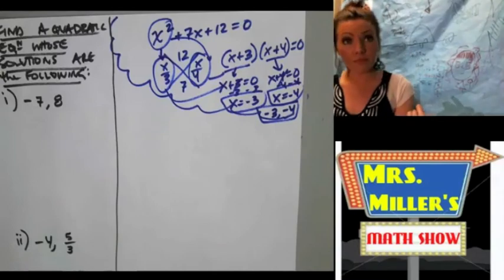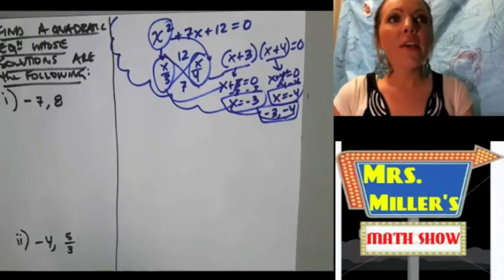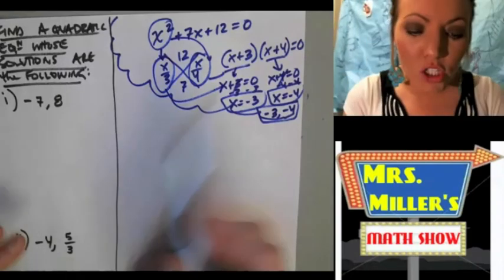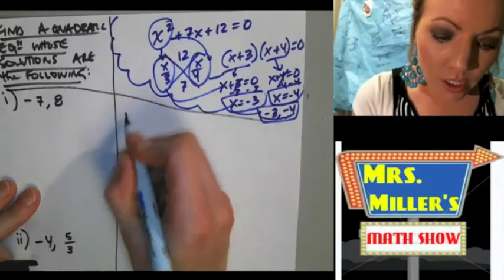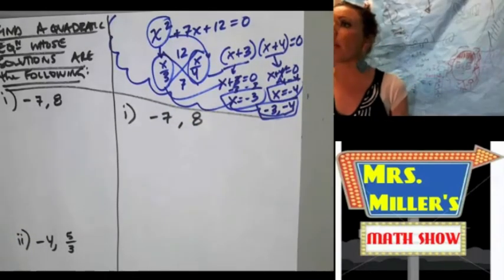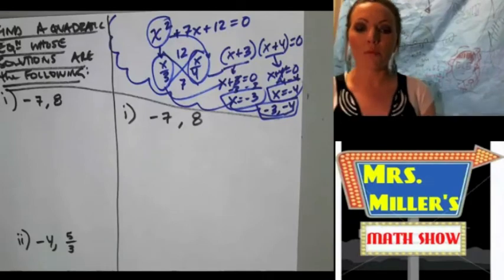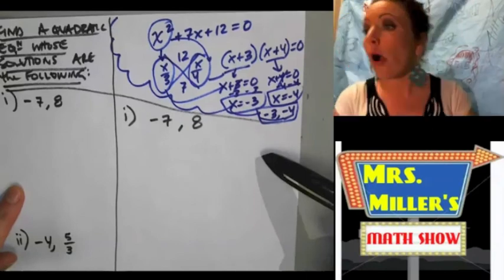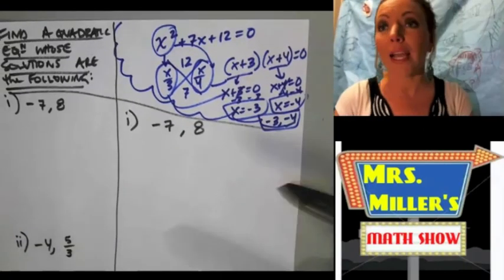Okay. Now, this next problem is telling us that we have a quadratic equation that has -7 and 8 as the solutions, and we want to come up with the equation that goes with it. So we've spent a lot of time with the equation, and we want to find the solutions. Now we have the solutions, and we want to find the equation given the solutions.